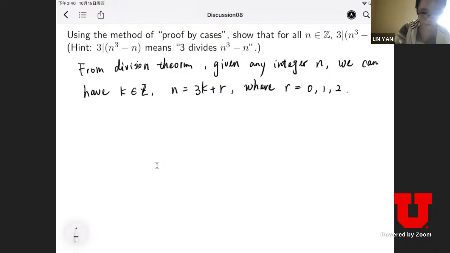So we have 3 cases. In case 1, the remainder r is equal to 0, then n is equal to 3k.